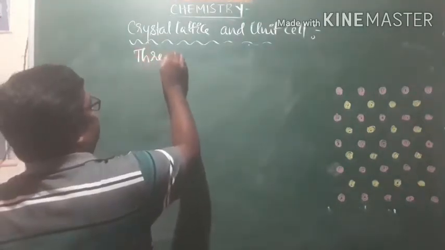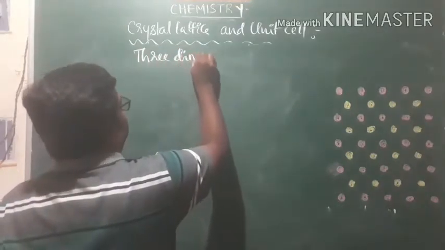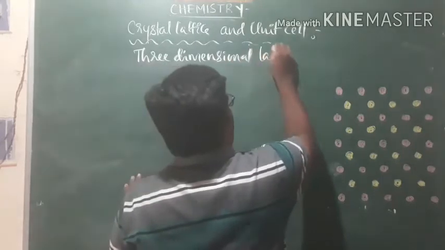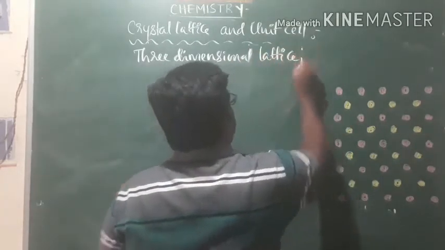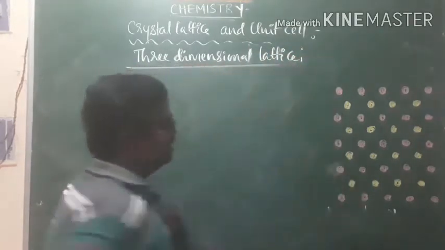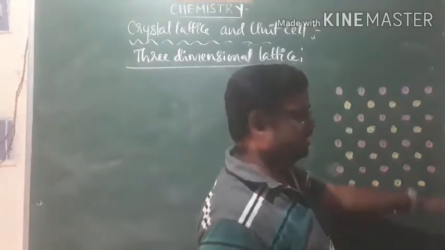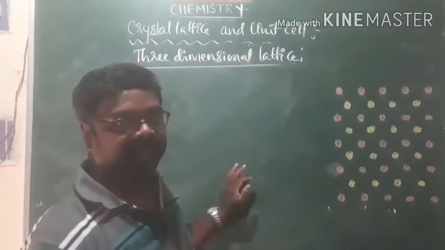That is 3-dimensional crystal lattice. Look at this. Let me consider one arrangement of the particles in 3-dimensional space. Okay? Just observe, this is the arrangement of the particles in 3-dimensional space, right?